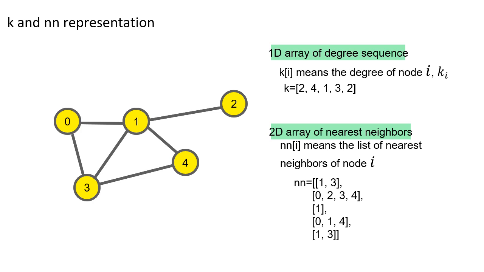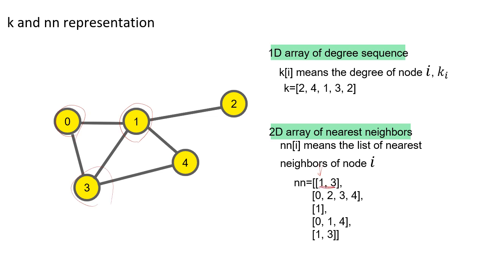Okay, degree sequence. Similarly, you can also represent the nearest neighbors by a two-dimensional array. For example, nearest neighbor i means a list of nearest neighbors of node i. So for index 0, the neighbors are 1 and 3, so elements 1 and 3 appear here.